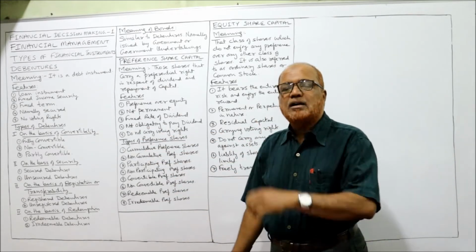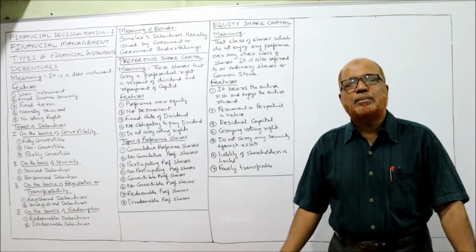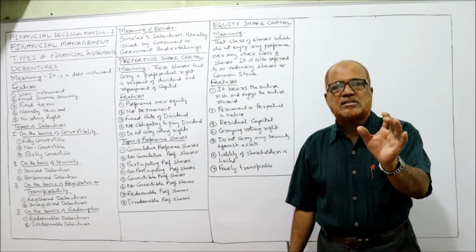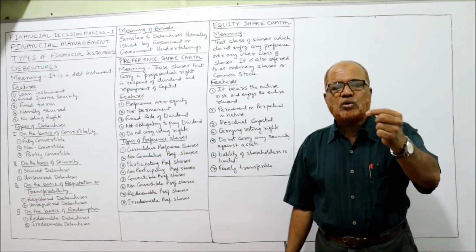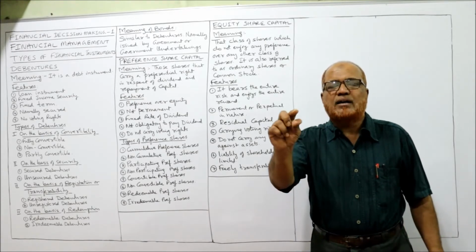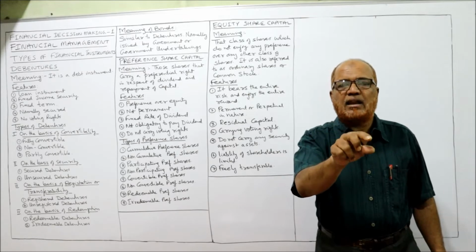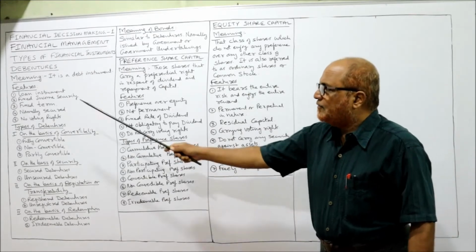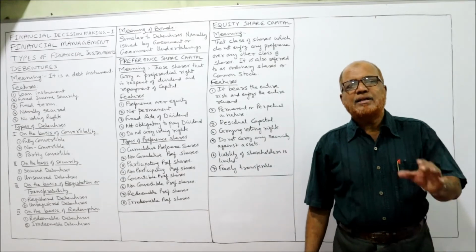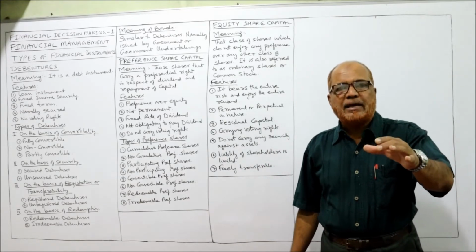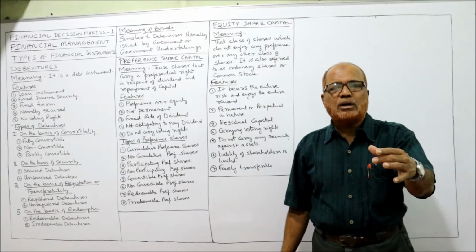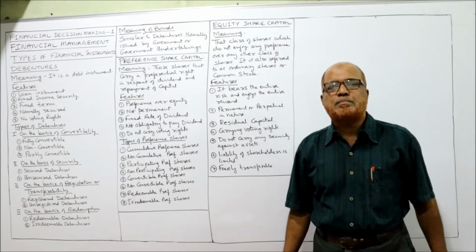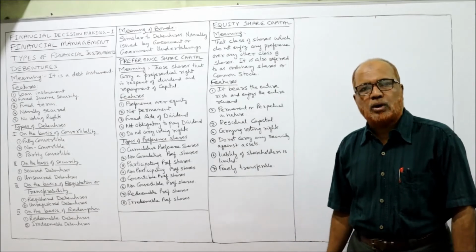Secondly, fixed income security. Another feature of the debenture is that the interest rate on debenture is fixed. At the time of issue of debenture, the company specifies that this debenture will carry a rate of interest of so and so for a so and so period. Then fixed term. Every debenture has a fixed maturity period. At the end of the maturity period, the company will refund the principal amount to the debenture holder.